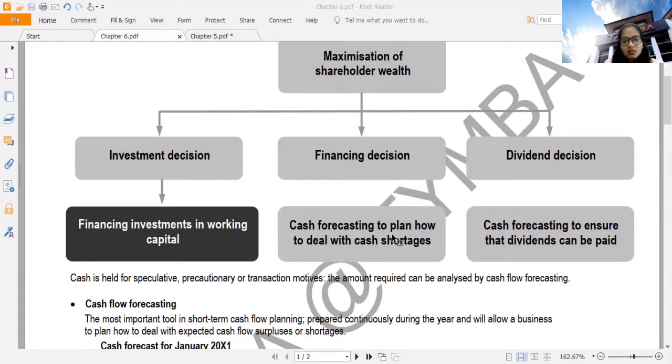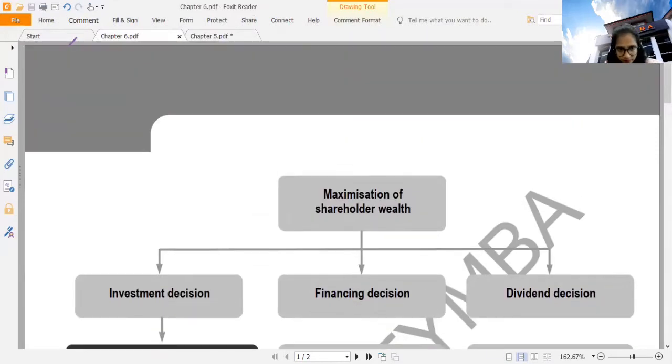So what is this chapter all about? I'm going to tell you the main objectives. Number one, we are going to talk about reasons for holding cash. Number two, we are going to talk about cash flow forecast.